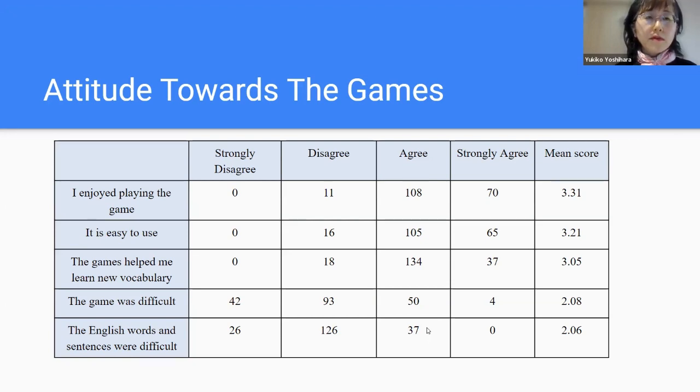So there was a certain amount of peer scaffolding, ZPD that took place. So that's also very good to encourage. As I mentioned before, the teacher can adjust the level by choosing the content of games. Yes. Next slide, please.